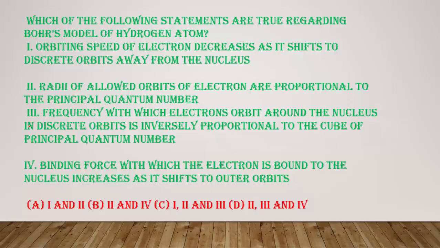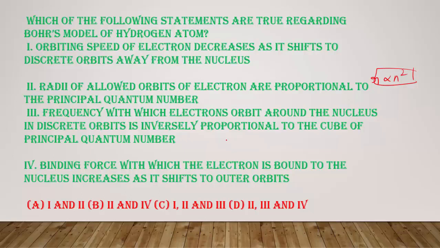Yes, as the electron revolves around the nucleus, its speed decreases as it shifts from a lower orbit to a higher orbit. And the second statement is radii of allowed orbits of electron are proportional to the principal quantum number. Yes, because r is directly proportional to n square.